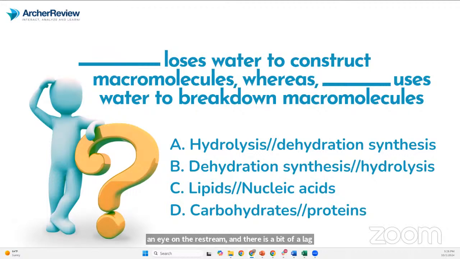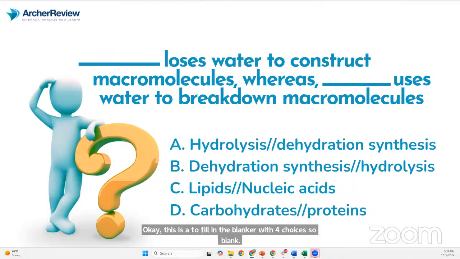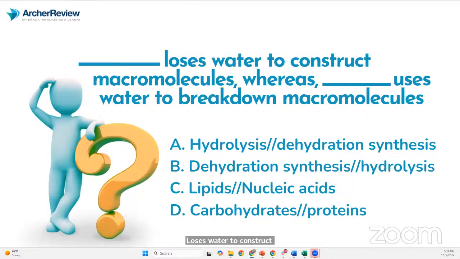Okay, this is a 2 fill in the blanker with 4 choices. Blank loses water to construct macromolecules, whereas blank uses water to break down macromolecules. Is it A, hydrolysis versus dehydration synthesis? B, dehydration synthesis, hydrolysis? C, lipids or nucleic acids? Or D, carbohydrates and proteins? And I've got some quick ones already giving me answers.